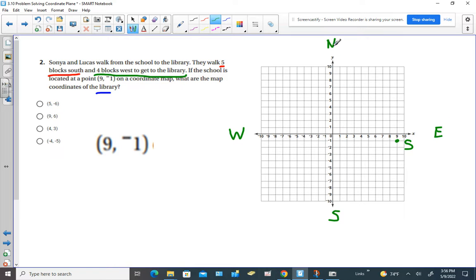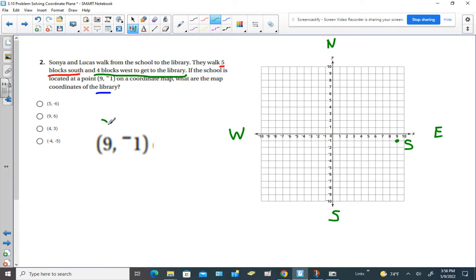Anytime they talk about north and south, that's a y-axis thing. That's an up and down situation. If they mention going north, that means you're adding. If they mention going south, that means you're subtracting from the y-coordinate. If you're going to the west, you're subtracting. If you're going to the east, you're adding.